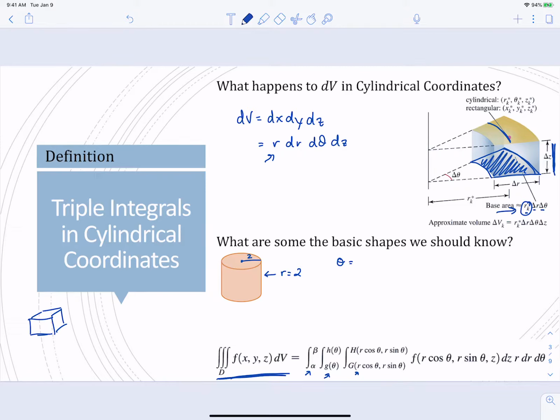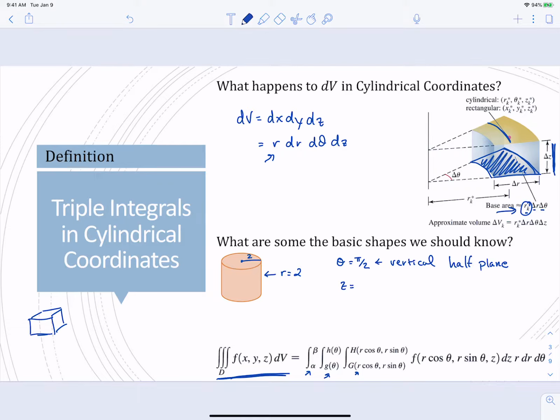If theta is equal to pi over 2, this is a vertical half plane. Just remember, in polar coordinates that was a half line. Here, it's going to extend up and down, because now we've got that third dimension of height, so it's going to be a plane.